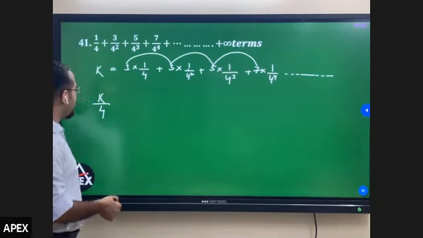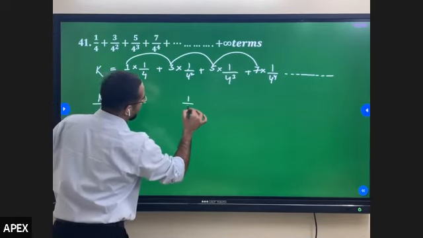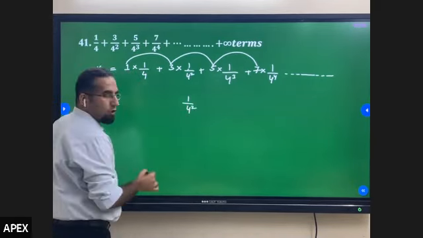So multiply with 1 by 4, then what do I get? 1 by 4 now becomes 1 by 4 square. 3 by 4 square now becomes 3 by 4 cube. 5 by 4 cube now becomes 5 by 4 to the power 4, and so on. Clear? Now if I simplify this finally, I get k minus k by 4.